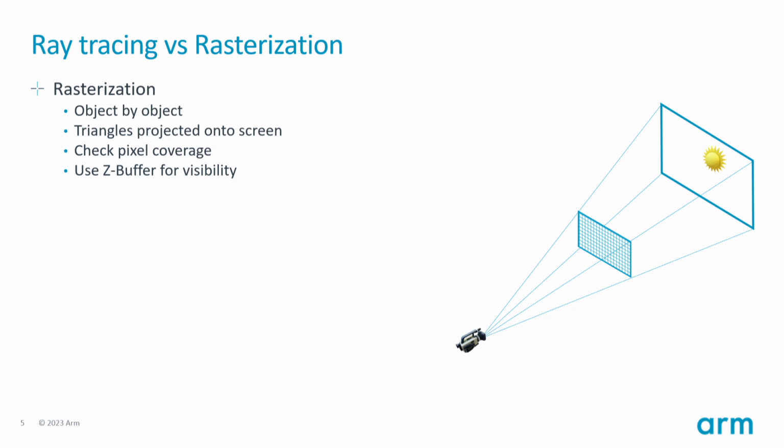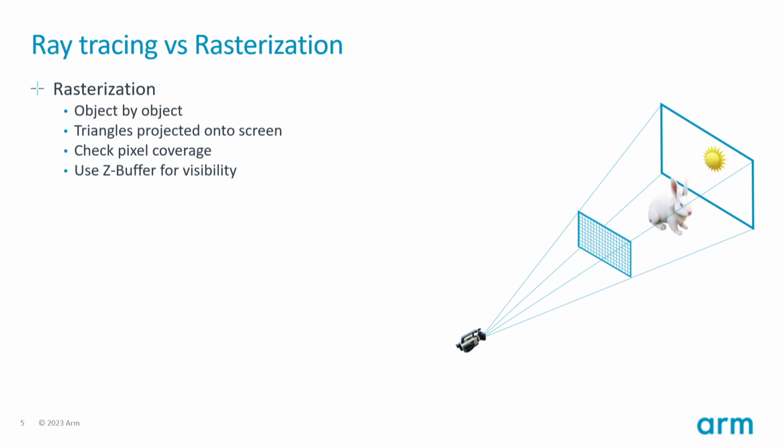Then we check which pixels are covered by each triangle, and determine the color of those pixels based on the model's material properties. Then we repeat this process for each object in the scene and resolve the situation where one object is behind another by checking their depth value stored in the depth buffer or Z buffer. So that's the traditional way to render a scene.